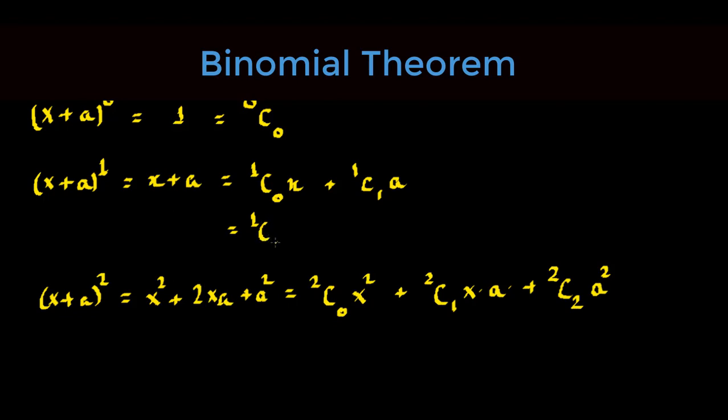So 1c0, now I'm going to change that. You see that the index of x is 1. So if I write here instead 1 minus 0 times a raised to the power 0, nothing is going to get changed here.